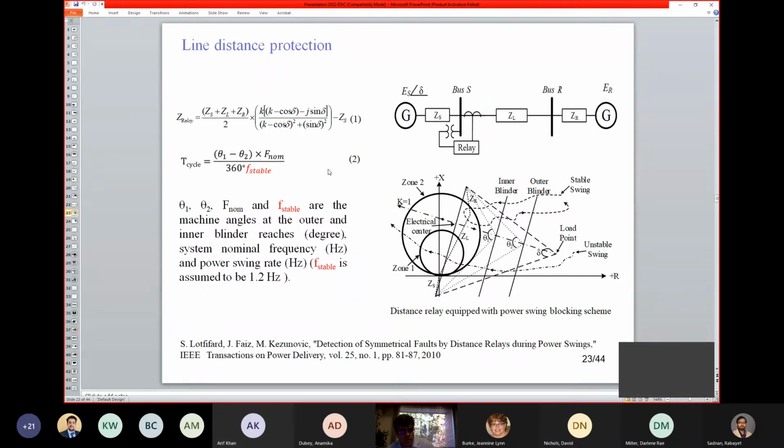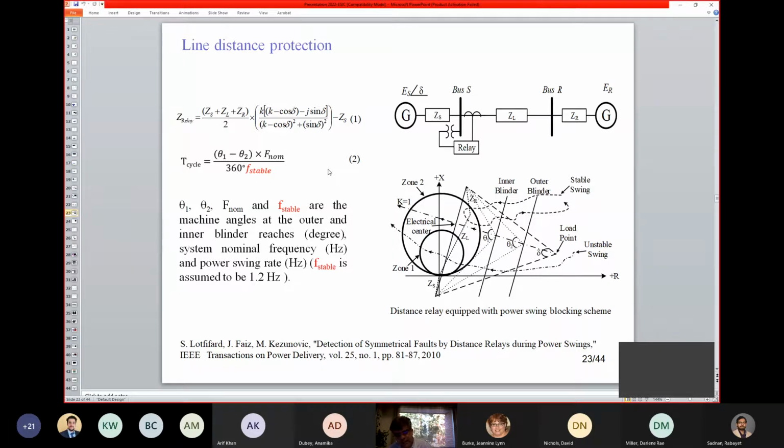So one of the very famous protection functions that may misoperate is the distance protection, mainly when you have power swings, so the apparent impedance measured by the relays may appear as an actual fault. The conventional method to solve this problem is to install blinders. The assumption is that the trajectory of the impedance in a power swing is slower than in an actual fault.